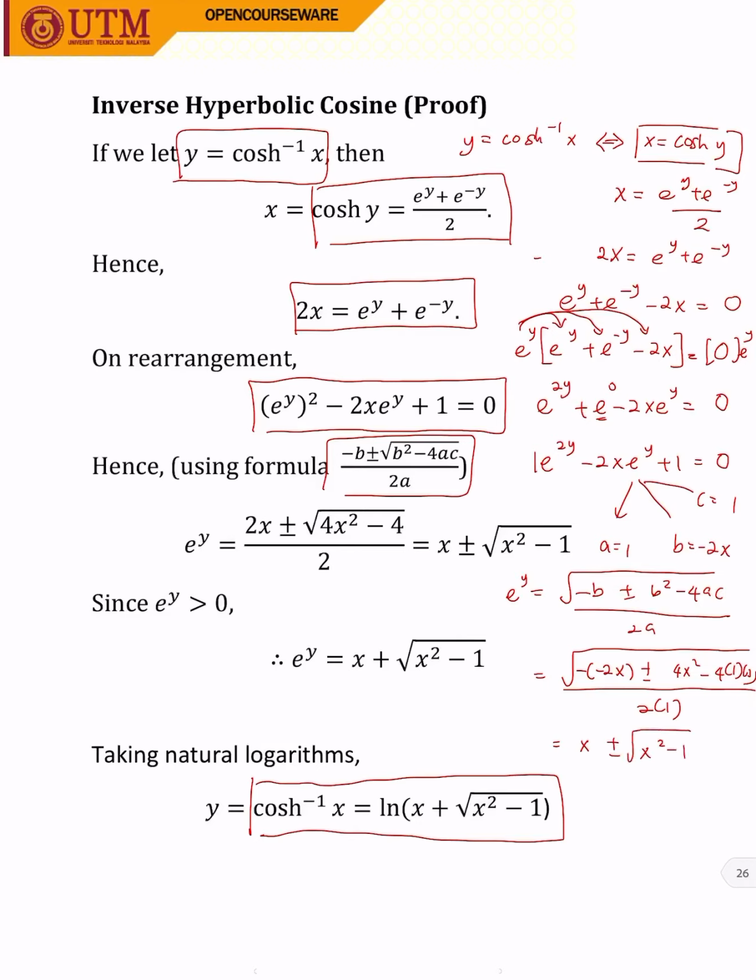But since exponents are only positive, we just take e^y equal to x plus the square root of x squared minus 1. So this is why we have this. And lastly, we know that we want to get the y only, so therefore we just ln both sides.